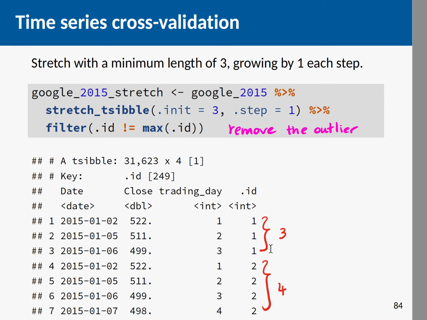There are 3 observations here. In the second iteration, we have 4 points, so 2, 2, 2, 2 represents the 1, 2, 3, 4 points in our training data set. And the next one would be 1, 2, 3, 4, 5, and 3, 3, 3, 3, one more 3, so 5.